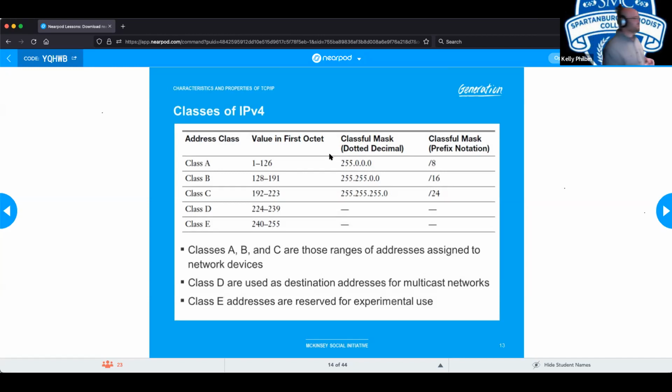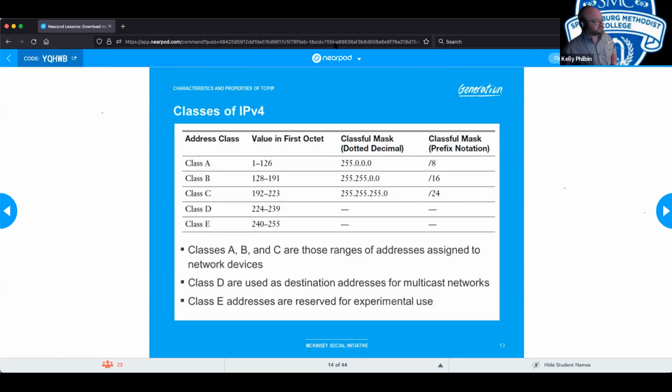All right, so our class A range, which can be notated, class A would be 8 ones followed by 24 zeros. That's what it would look like in binary.